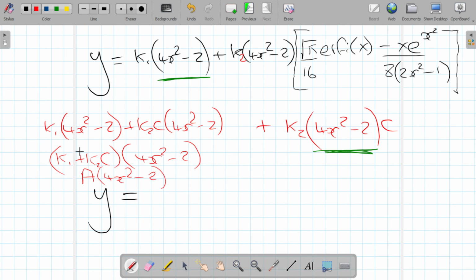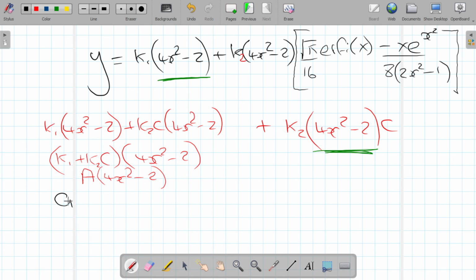So let me just make a little more room down here. The general solution can therefore be written as y. Let me write that in black.